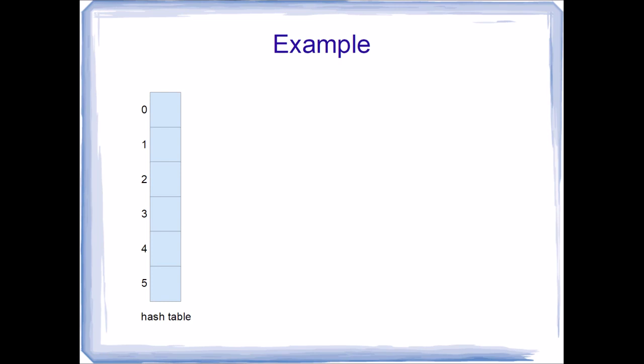Let's look at an example. So here we have an array of linked lists. Let us assume that we have a key 10, which we've passed to a hash function, which has returned the hash index 1. What we will do is, rather than store 10 directly in the array, we will store it in the linked list, which is in the element 1 of the array.